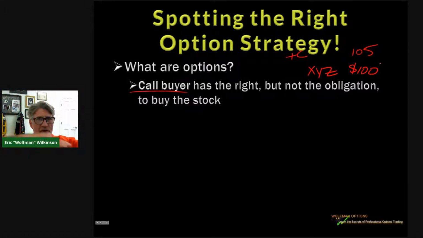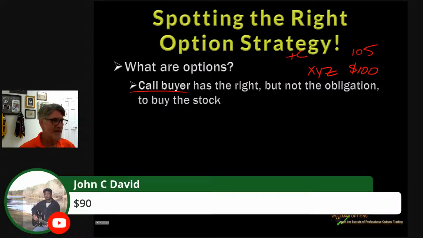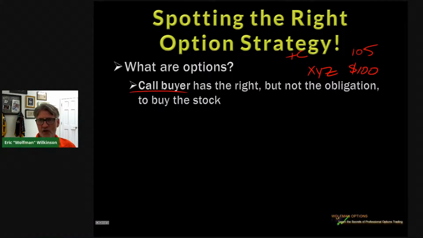Because you've captured that value and a little extra, okay? So it's always better to offset that. That's right, John. It's got $90. So we want to take advantage of that extra couple of dollars and just offset the trade, go out there and buy the underlying. That money still goes into your portfolio, all right?